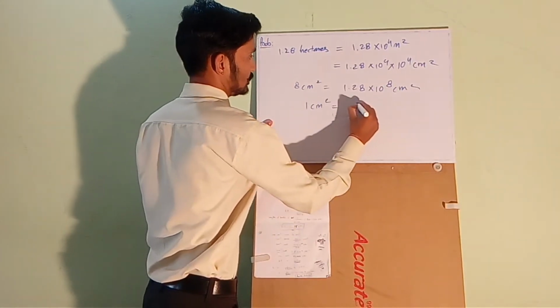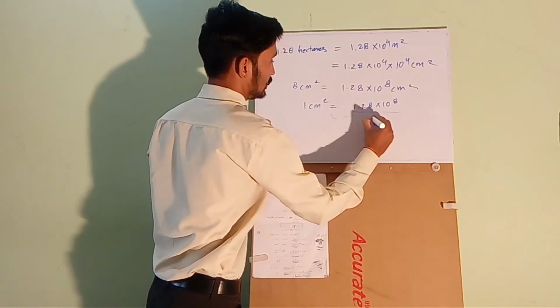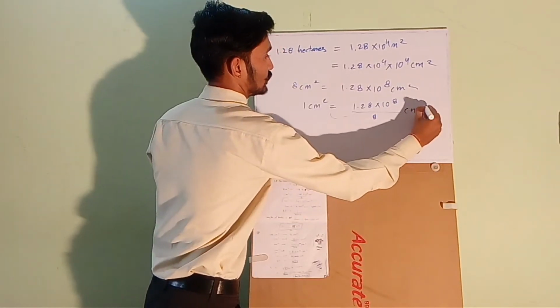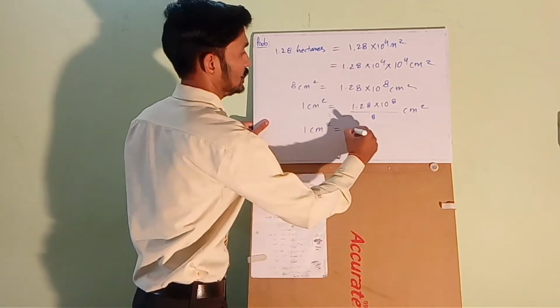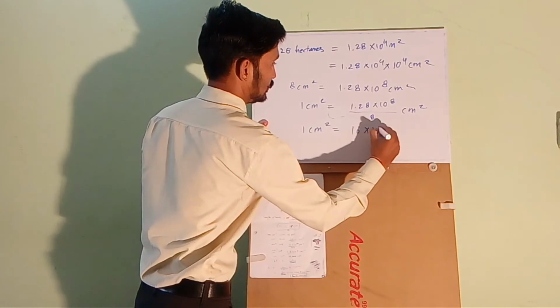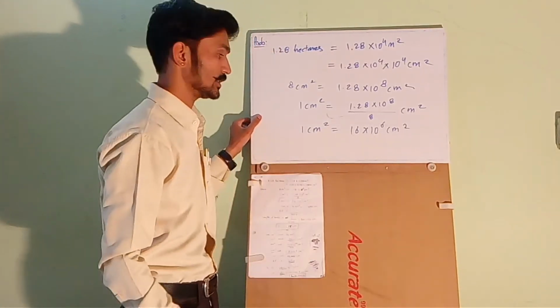1 centimeter square is representing 1.28 into 10 to the power 8 divided by 8 centimeter square. So this is 1 centimeter square representing 16 into 10 to the power 6 centimeter square.